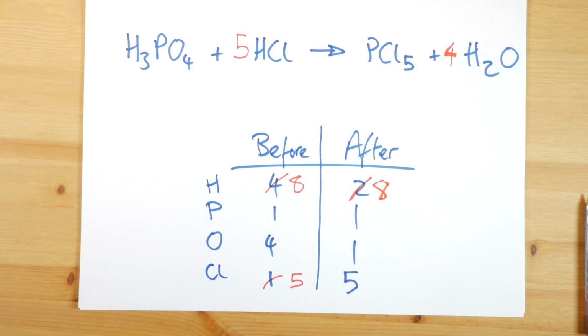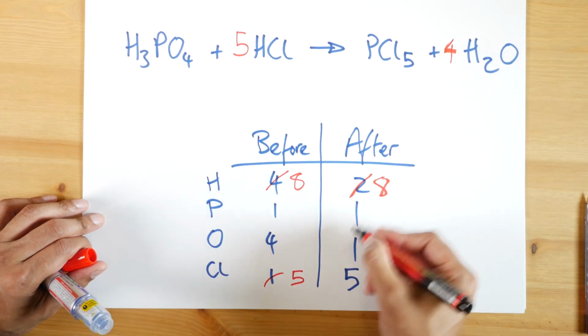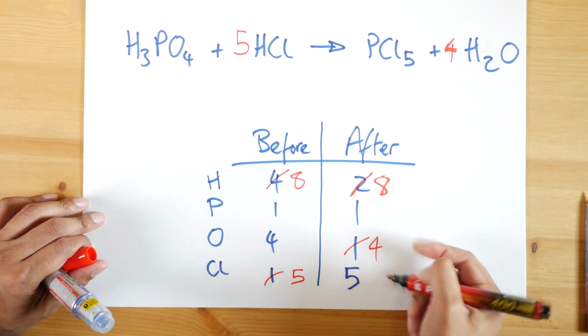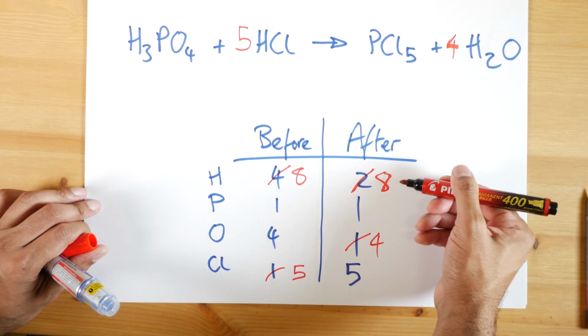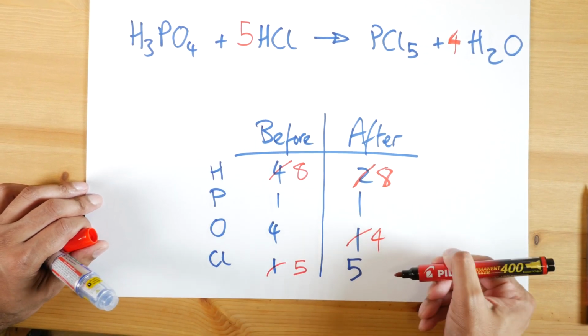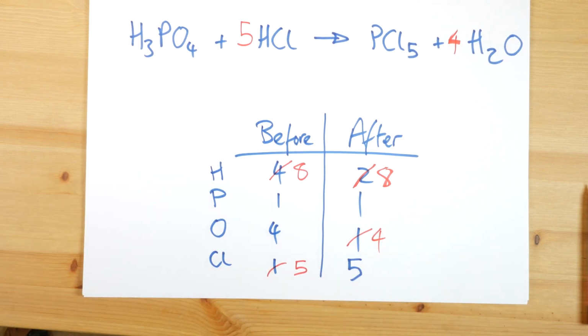Okay, so that part balances out, but it also changes the number of oxygens. Now we've got 4 times 1, and that's 4. And coincidentally, this balances out the entire equation. We've got 8 here, 1, 4, 4, 5, 5. So it's all balanced out. And it's as simple as that.